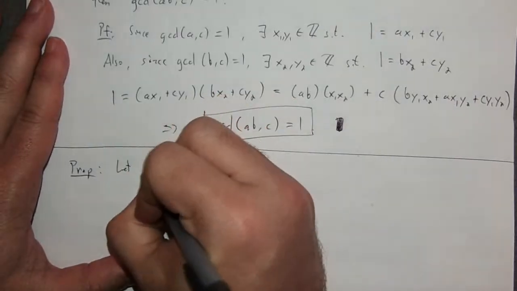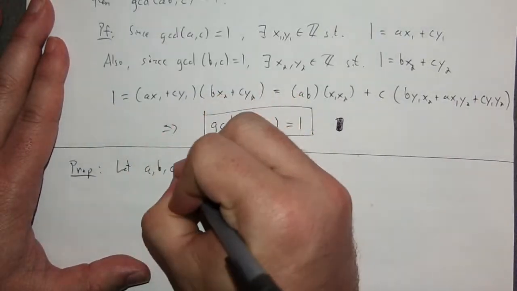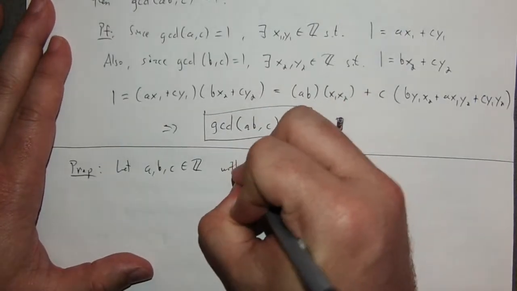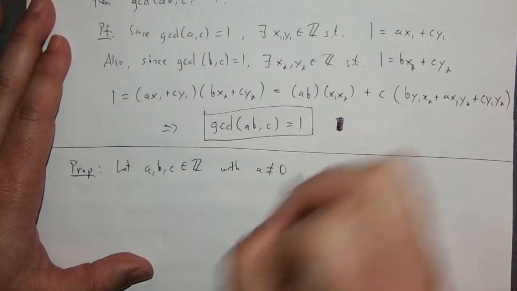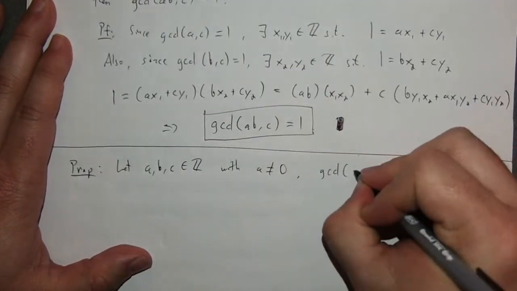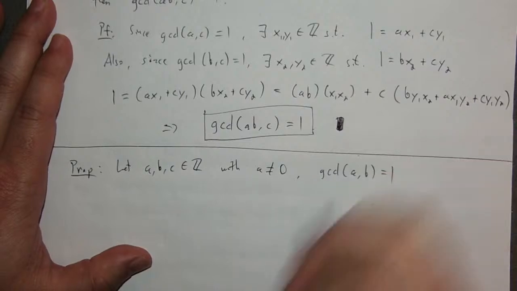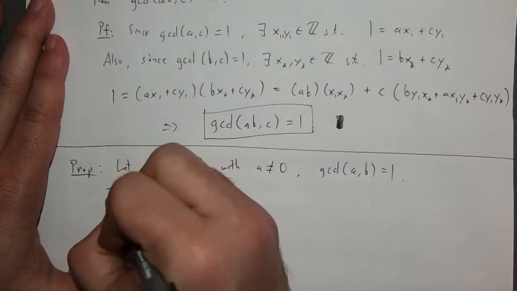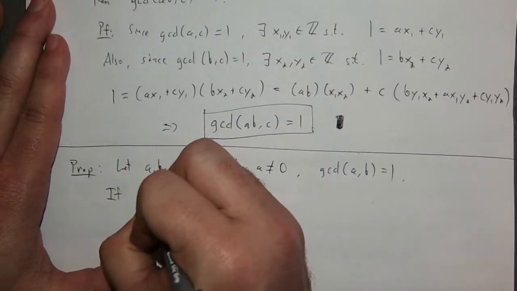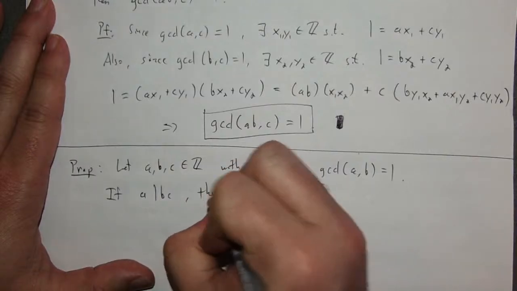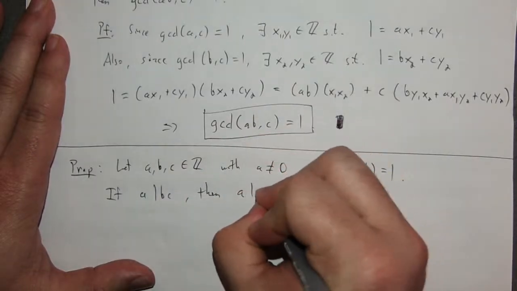Let A, B, and C be integers with, we'll say A specifically is not 0, and we'll say the GCD of A and B is 1. If A divides BC, then A divides C.